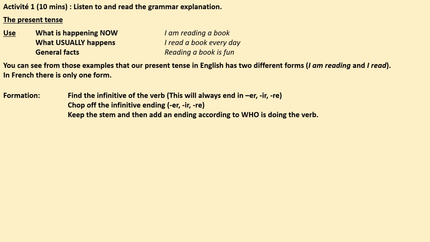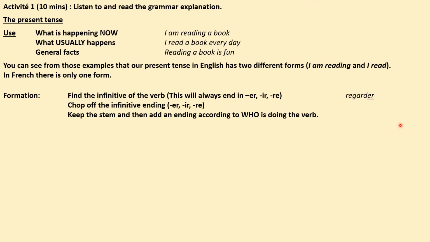How do we make the present tense? Well, first of all, you need to find the infinitive of a verb. This will always end in er, ir, or re. For example, regarder, to watch. You can see that there's an er verb ending there, showing that it's the infinitive, and it means to watch.